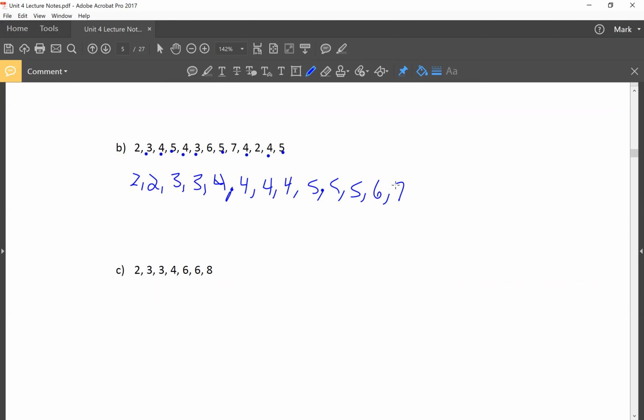Now, what I like to do when I rewrite it, and this is really important, for me anyways, is I count the numbers to make sure I didn't miss any. So 1, 2, 3, 4, 5, 6, 7, 8, 9, 10, 11, 12, 13 numbers. Very important that you make sure you get all the numbers. Now, let's change my color here.